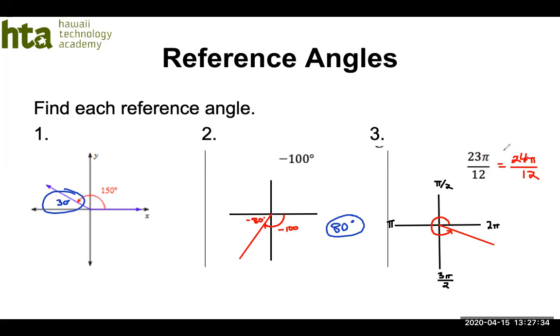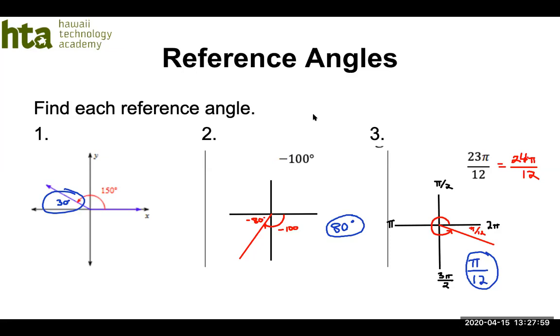Well, we have just one more pi to go on the top, but we can't change the denominator either. So this would be 1 pi over 12. So our reference angle is 1 pi over 12. That's how close it is to making it to the closest x-axis. 1 pi over 12. All right, so that's how to do reference angles. That's all we're going to do with reference angles today.